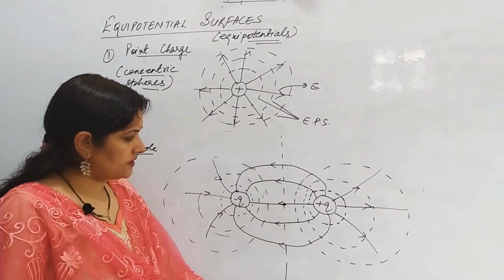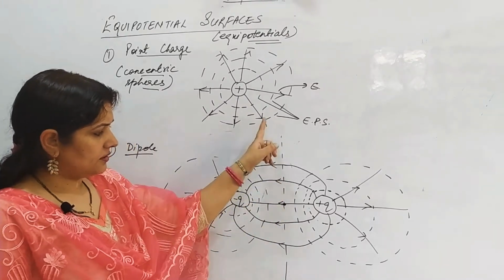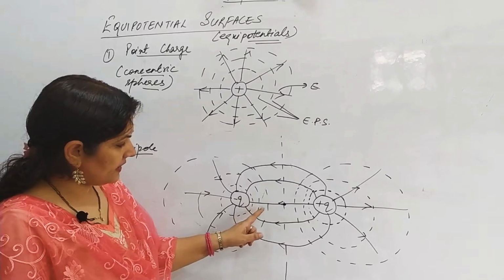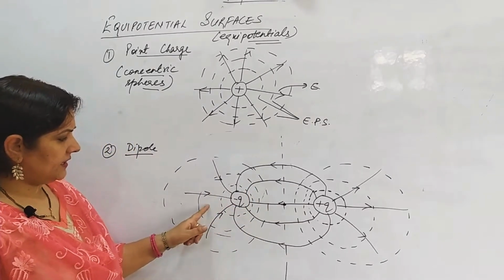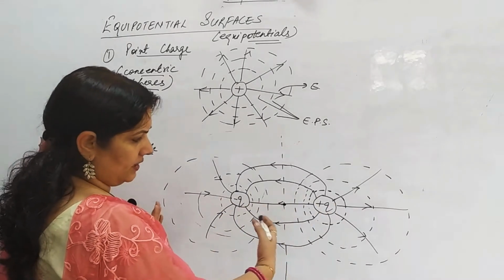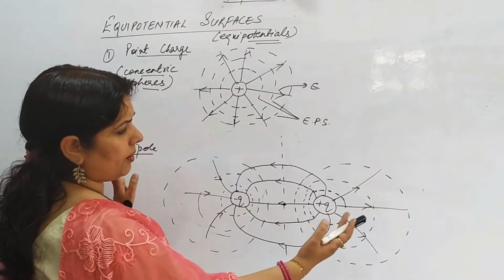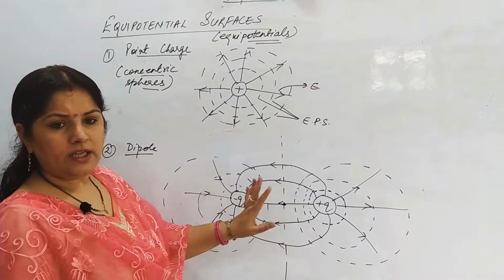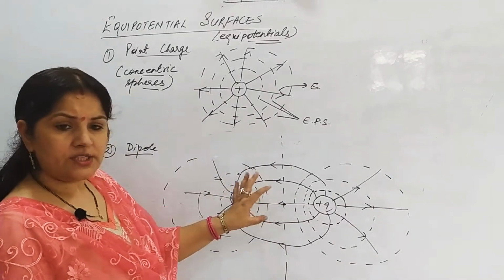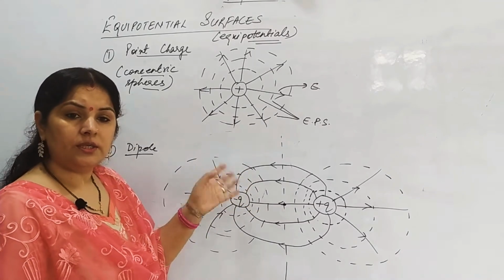So we consider this as a straight equipotential here. Again on the right hand side they are closer, but on the left hand side the distance is different. And if we observe it from a distance, we will say that the equipotential surface vanishes because there is no charge. The net charge of a dipole is 0.